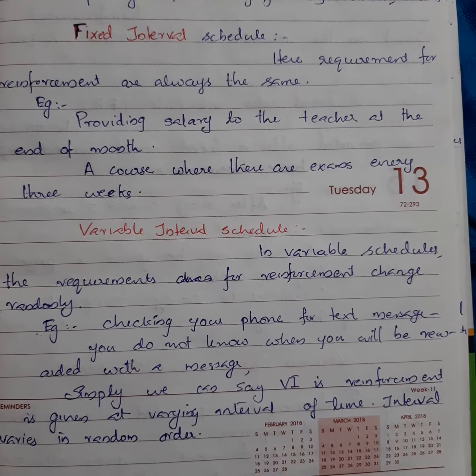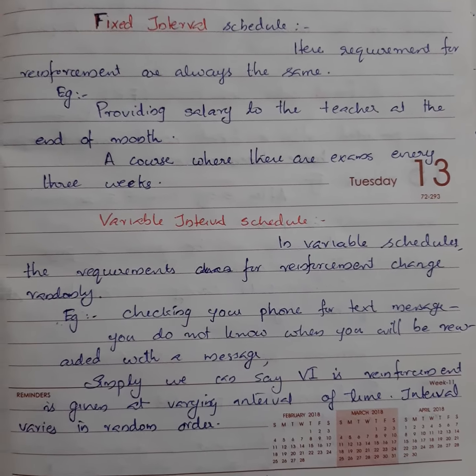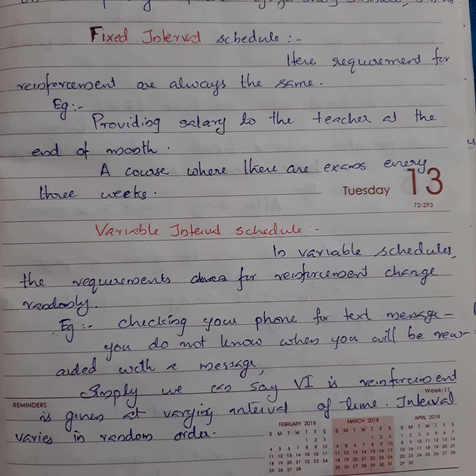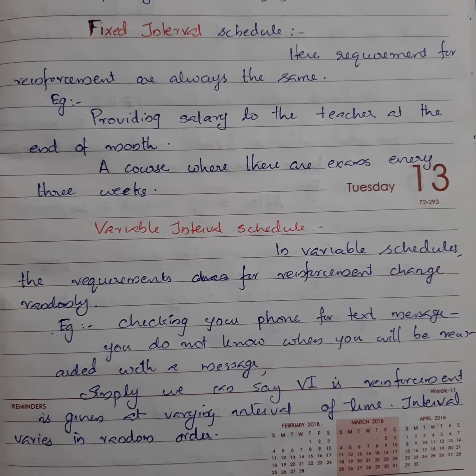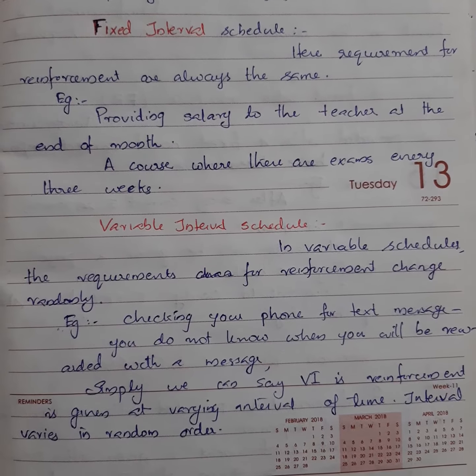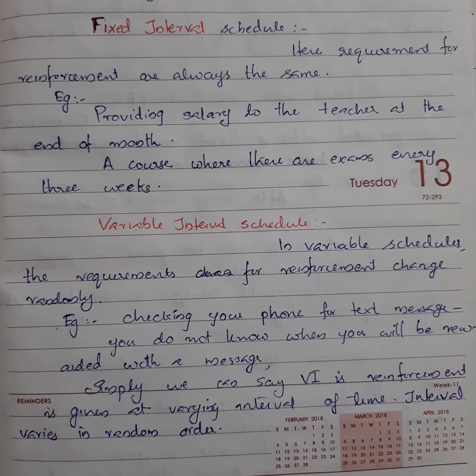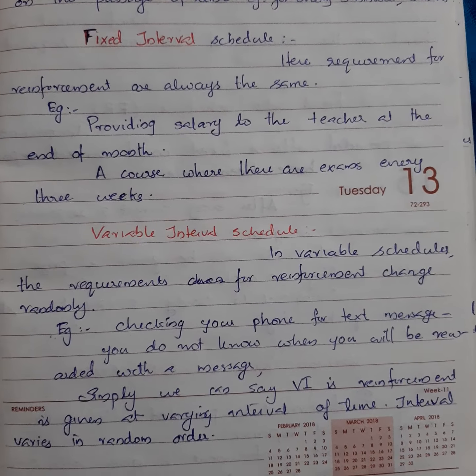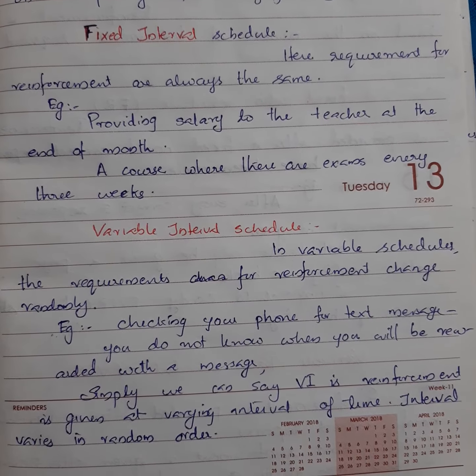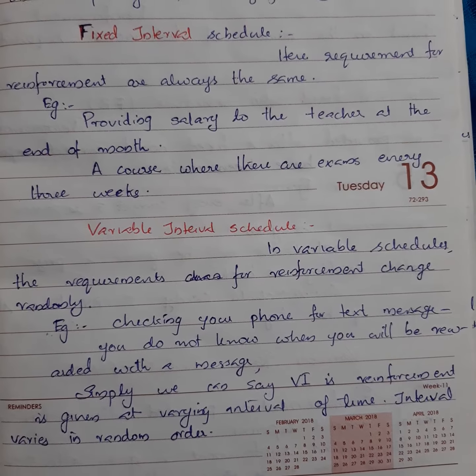We cannot predict the time of reinforcement here. Simply, in a variable interval schedule, reinforcement is given at varying intervals of time. The interval varies in a random order. Such a type of schedule is known as variable interval schedule.